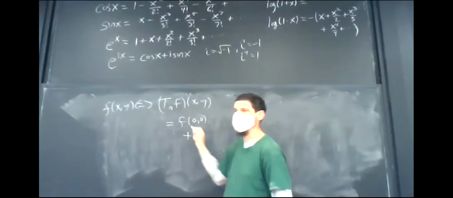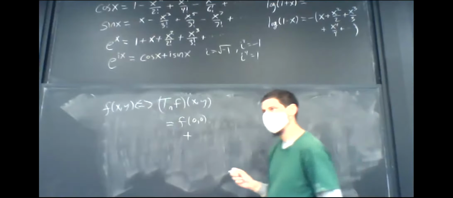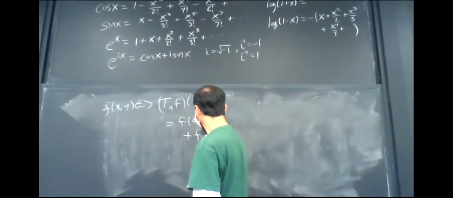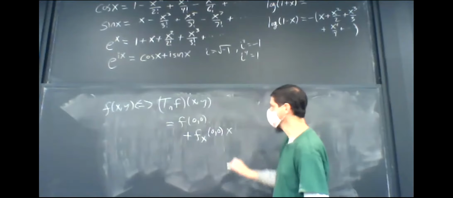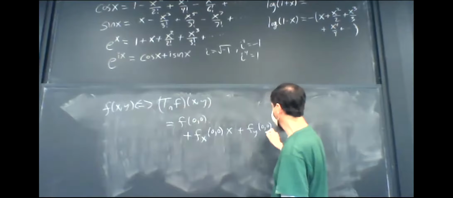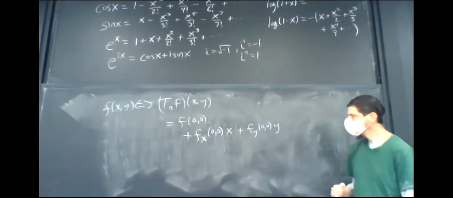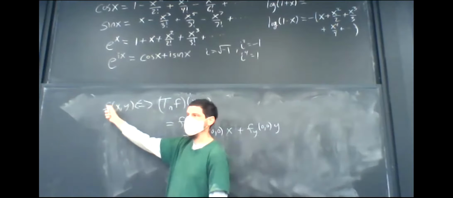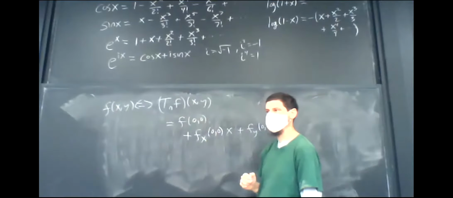Because I want to match derivatives. So the partial derivative of f with respect to x times x plus the partial derivative with respect to y times y. And if I now take the partial derivative with respect to x and set x and y equal to 0, only this term survives.